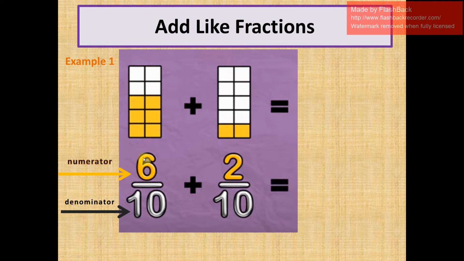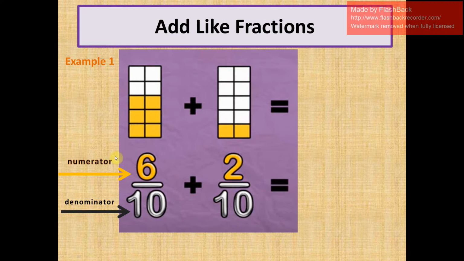This one represents 6 over 10. And this model is also the same, cut into 10 equal parts, and as you see here, 2 parts are shaded. This one represents 2 over 10, or we can say 2/10.